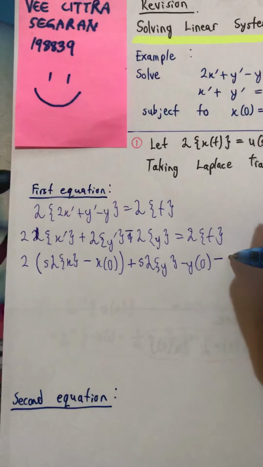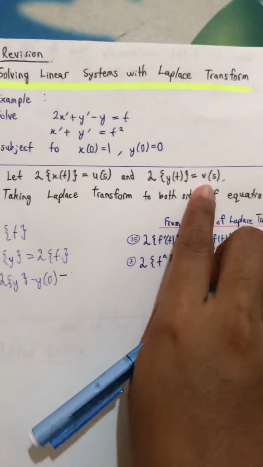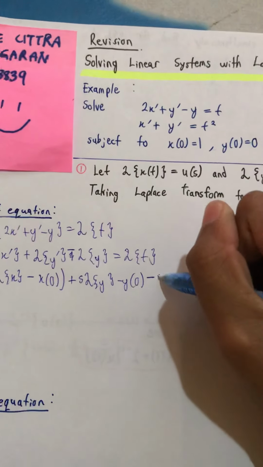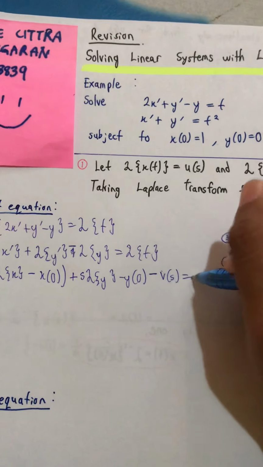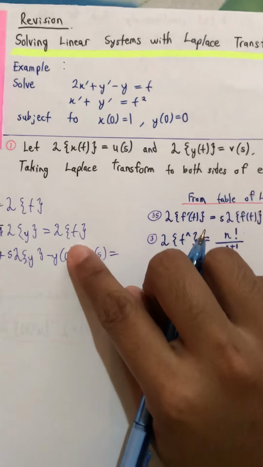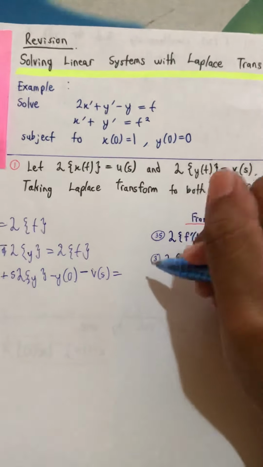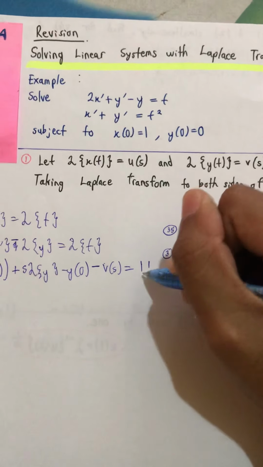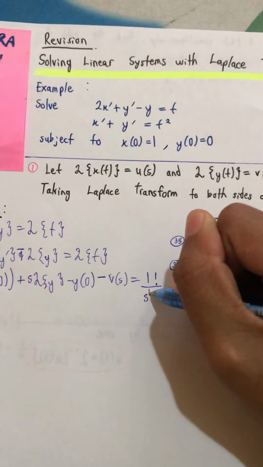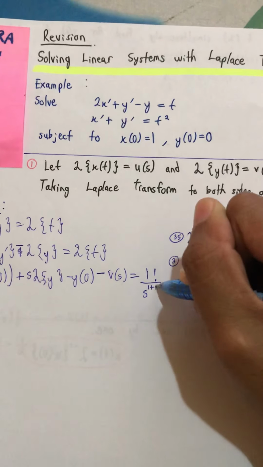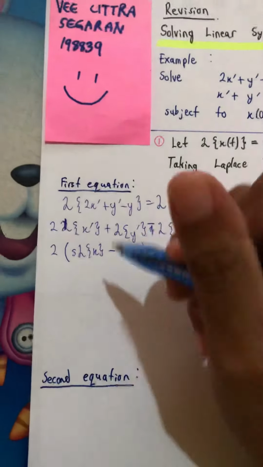The Laplace transform of y is V(s), equal to the Laplace transform of t to the power of 1, so we get 1 factorial over s to the power of n plus 1, which is 1 plus 1, and we solve this.